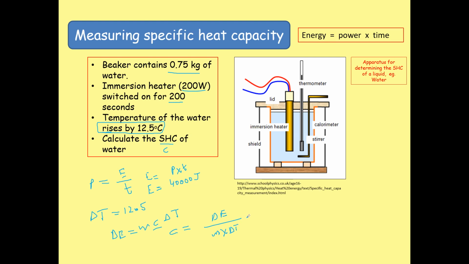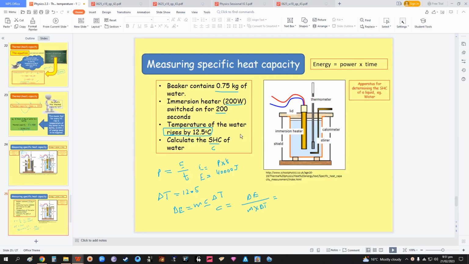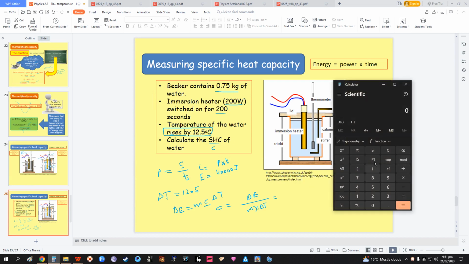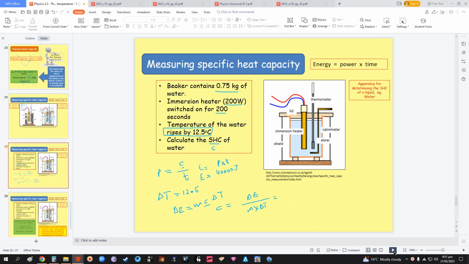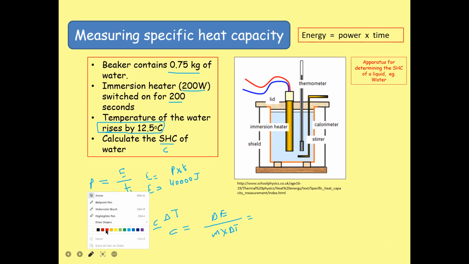Let me pull out my calculator. So it's 40,000 divided by 0.75, which is the mass, further divided by 12.5, that is the change in temperature. So that would be roughly 42.